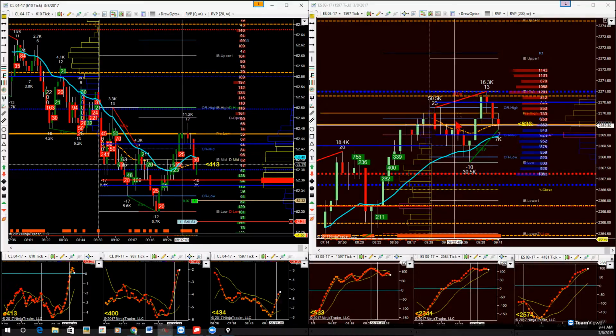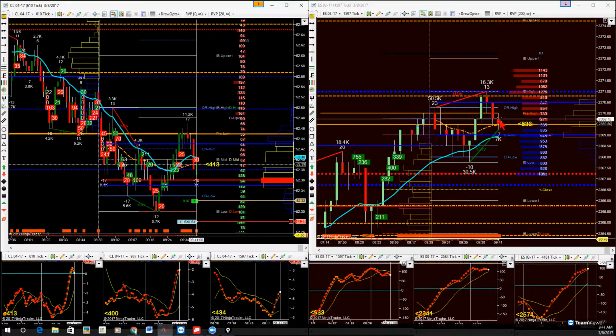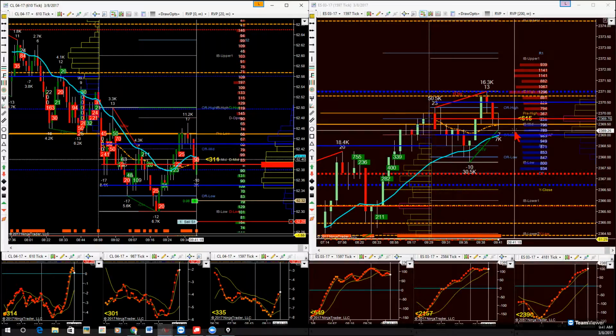S&P came off the high, so that did set up the way we thought it could. See where we've come down to 70 3/4, so about 7 ticks, right? So 69.25. Okay.